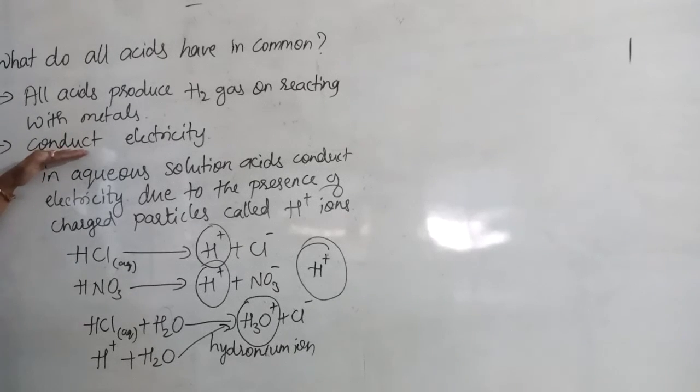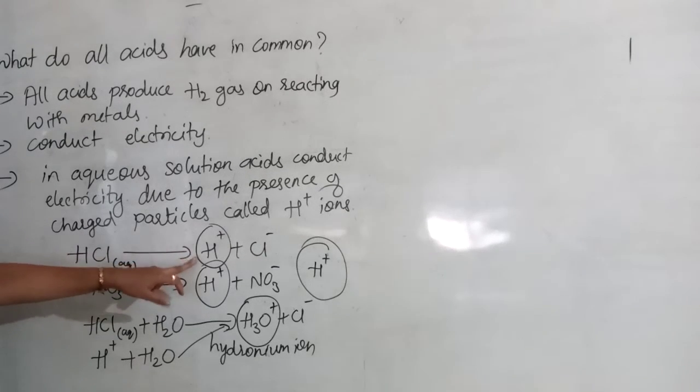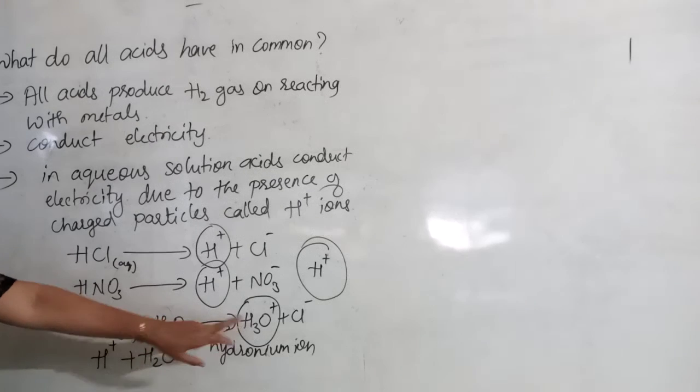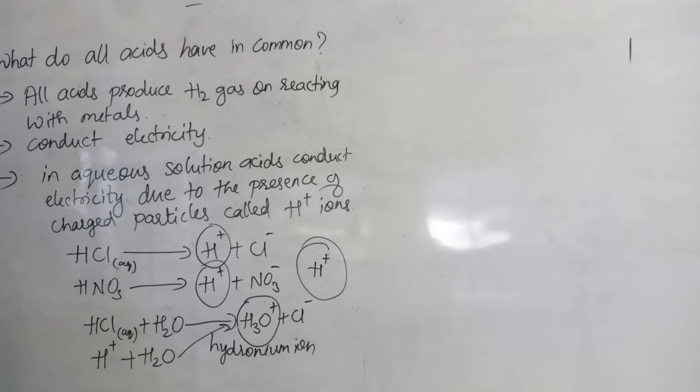The reason is that when they dissolve in any aqueous solution, they produce H plus ions, and each H plus reacts with water to form hydronium ions. These hydronium ions are the reason they conduct electricity.